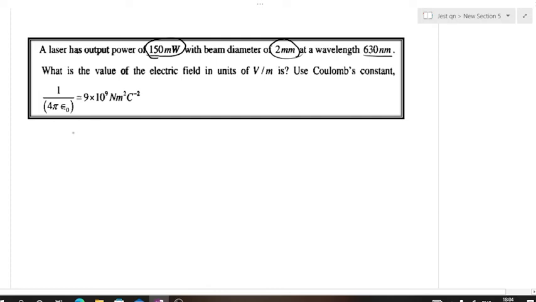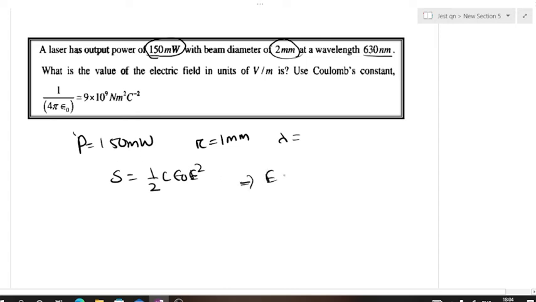Okay, this is the case of power given 150 kilowatt and diameter given, so radius will be 1 millimeter and wavelength given and electric field. As you know, Poynting vector is equal to half c epsilon naught E square. So E will be root over 2S by c epsilon naught. That is the electric field.